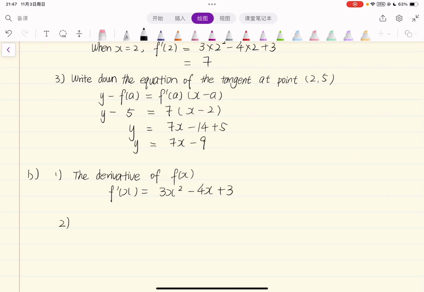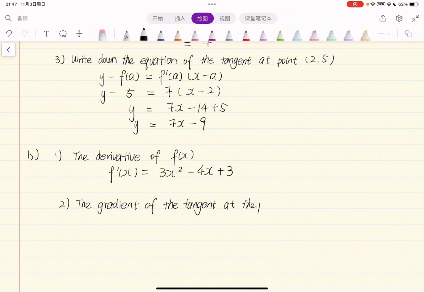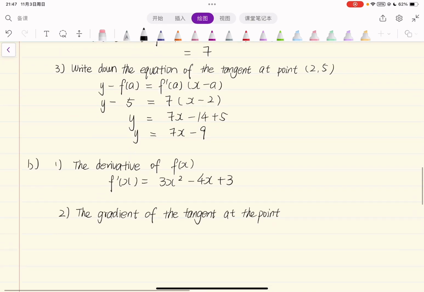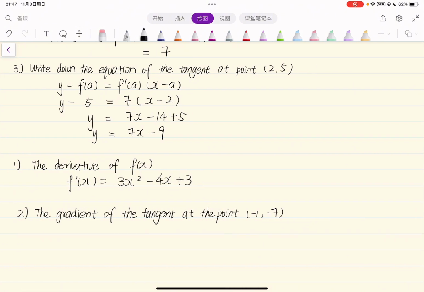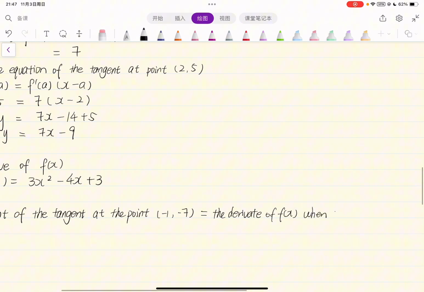And for the second step, you need to find the gradient of the tangent at the point. For this one, we have another point, that is (-1, -7), which means that you need to find the derivative of f(x) when x equals -1.